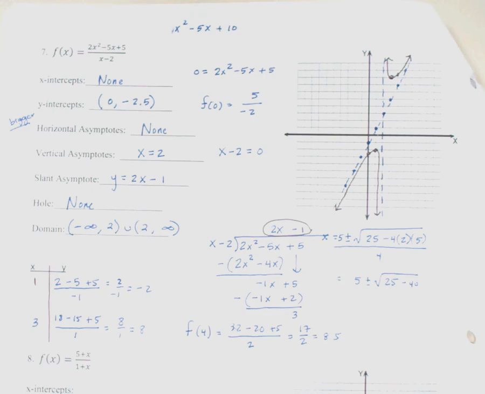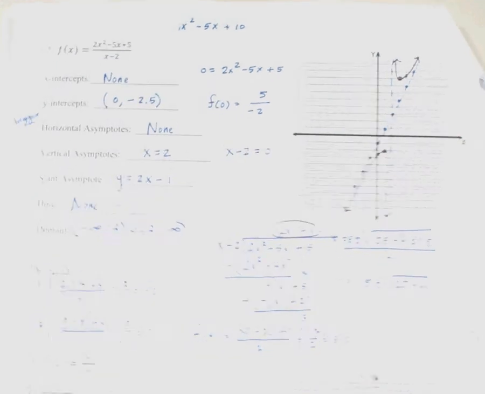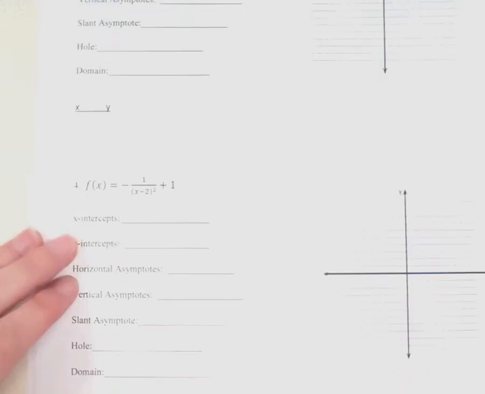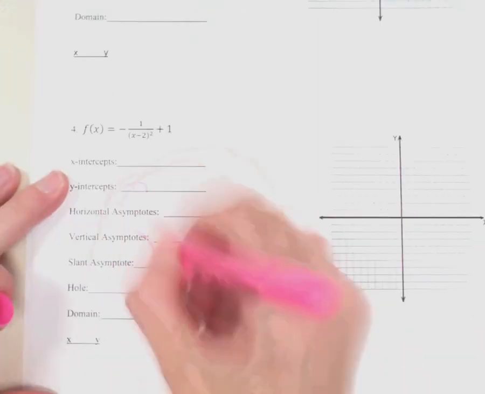Your job is to complete the remainder of the graphs in this packet. You may skip 2 graphs. You may skip graph number 4. So problem number 4, you can skip.